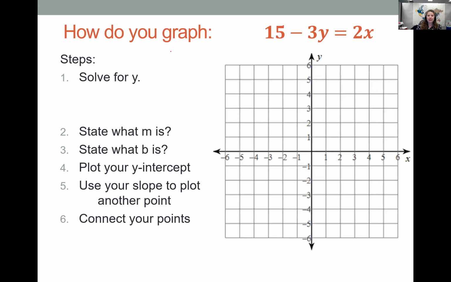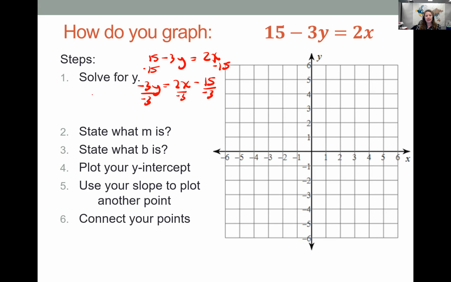So the first thing we're going to do is solve for y. So 15 minus 3y equals 2x. To solve for y, I want to get rid of this positive 15. So I have -3y is equal to 2x minus 15. Then I divide every single term by -3.